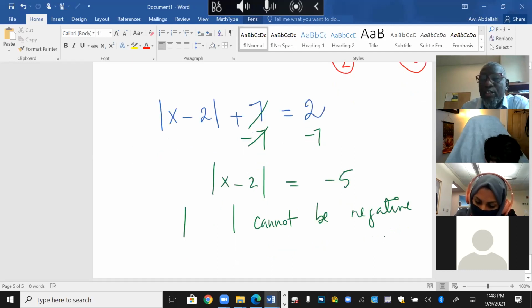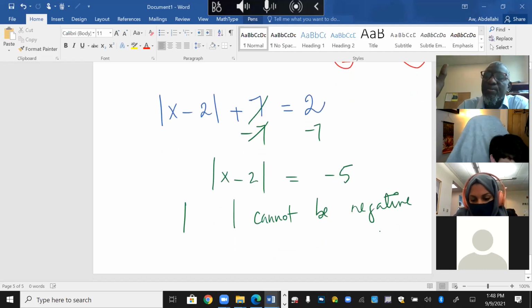Every time you have absolute value by itself and you have a negative number on the other side, that is not possible, okay? So you don't proceed, you say, no solution.